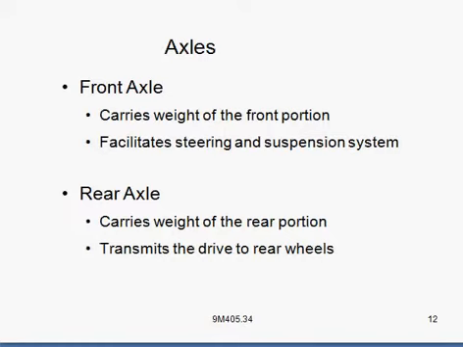The front axle carries the weight of the front portion of the vehicle and the rear axle carries the weight of the rear portion. The front axle facilitates the steering and suspension system as well, and the rear axle transmits the drive to the rear wheels. The drive is transferred to the rear axle only. The front axle is used only for steering purposes.